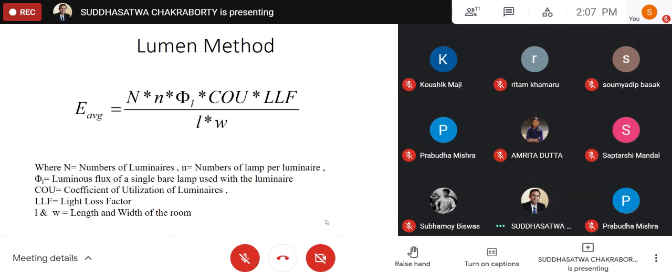There are two components associated with the light loss factor. Today I have installed some light, and I know that after maybe just 2 years, the value will definitely reduce. So that will be quantified with the light loss factor.